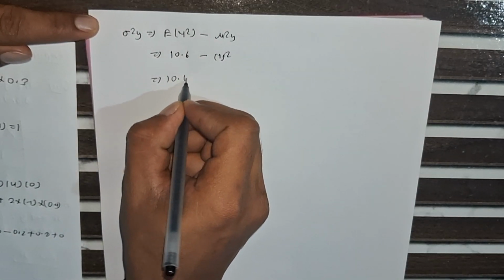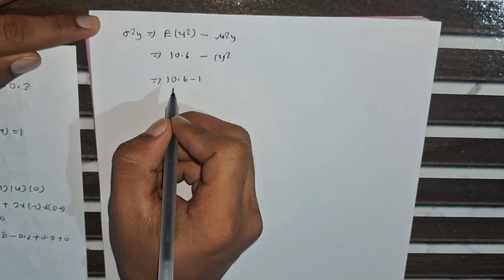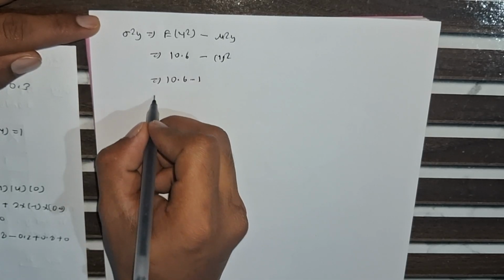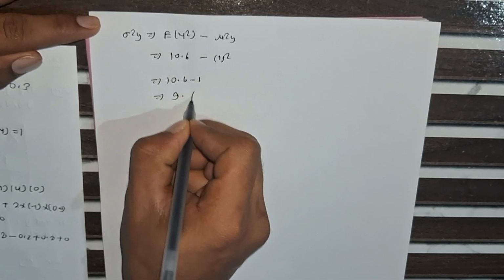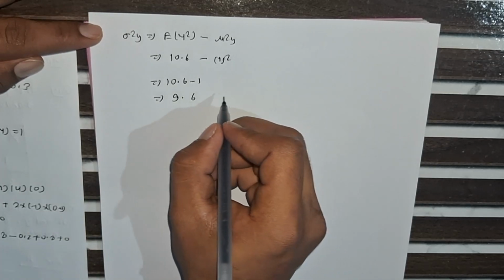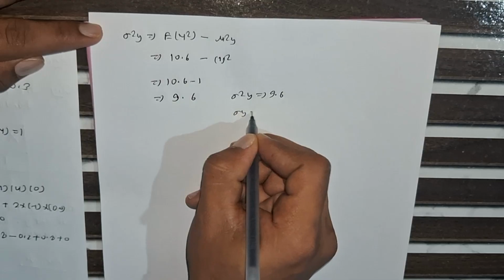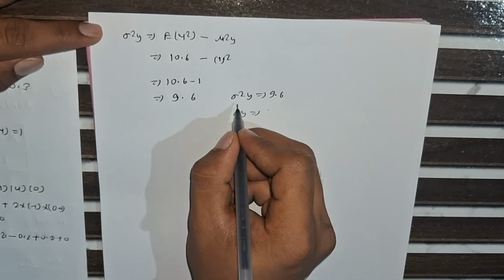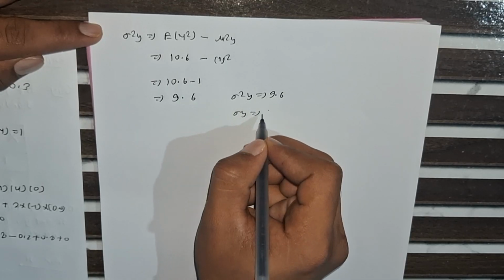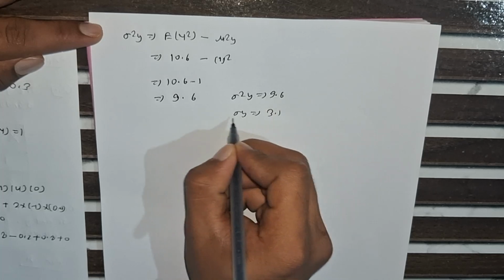So 10.6 minus 1 is equal to 9.6. So sigma square y equals 9.6, so sigma y equals 3.1.